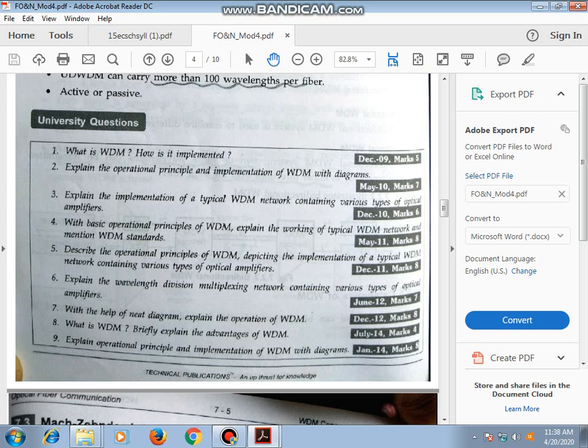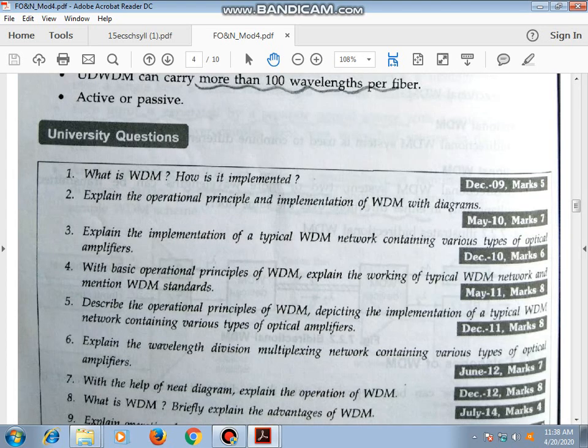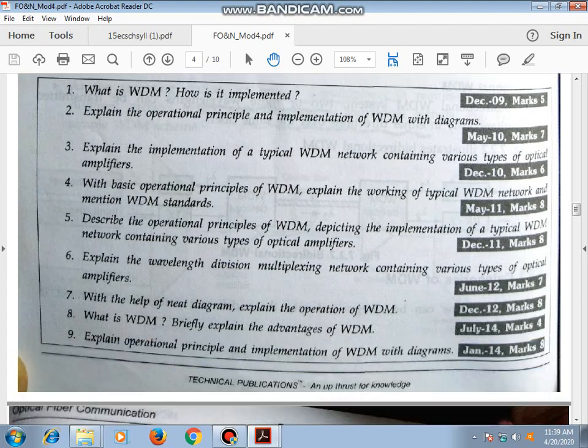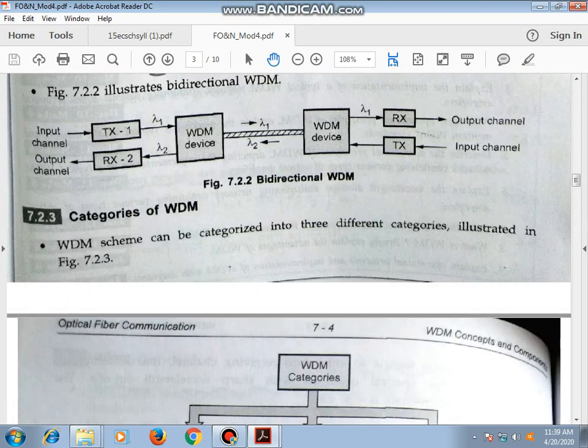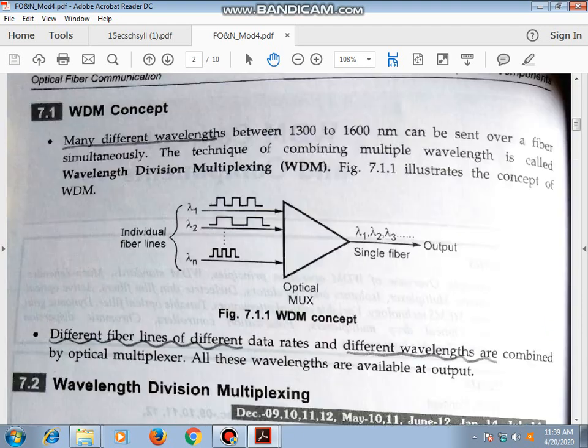What is WDM, how is it implemented? Explain the operational principle and implementation of WDM with a diagram. Explain implementation of a typical WDM network containing various types of optical amplifiers. Like this, we have n number of university question paper questions. First we will go with the WDM concept.